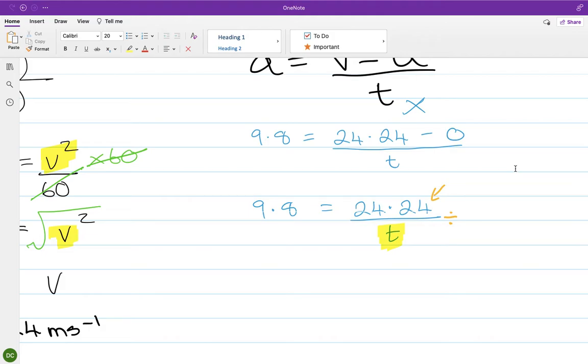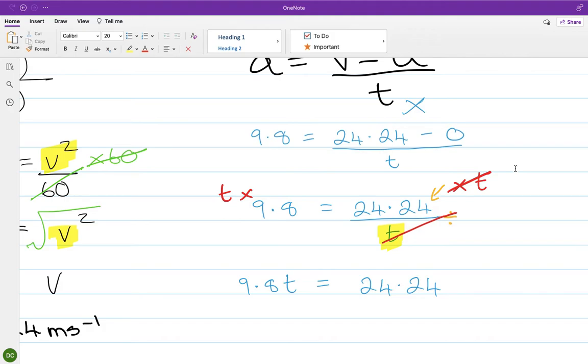To undo that, to cancel it out, we need to multiply by t. The multiply by t will cancel out the divided by t. But if you multiply by t on the right, you need to multiply by t on the left. So t times 9.8 is 9.8t, and everything's gone on this side except the 24.24.